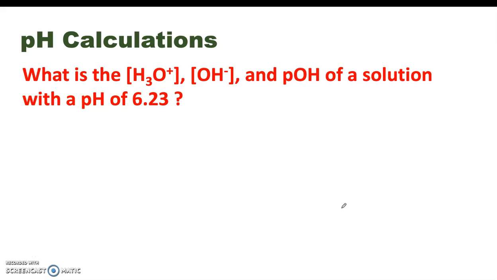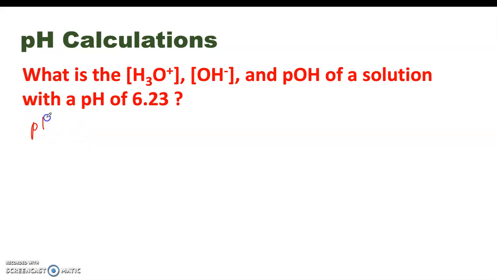Now this one's asking a little bit more. What's the H3O plus, the OH minus concentration, and the pOH of a solution with a pH of 6.23? So this is pretty much identical to the table we did at the beginning of the video, or just like a minute ago.